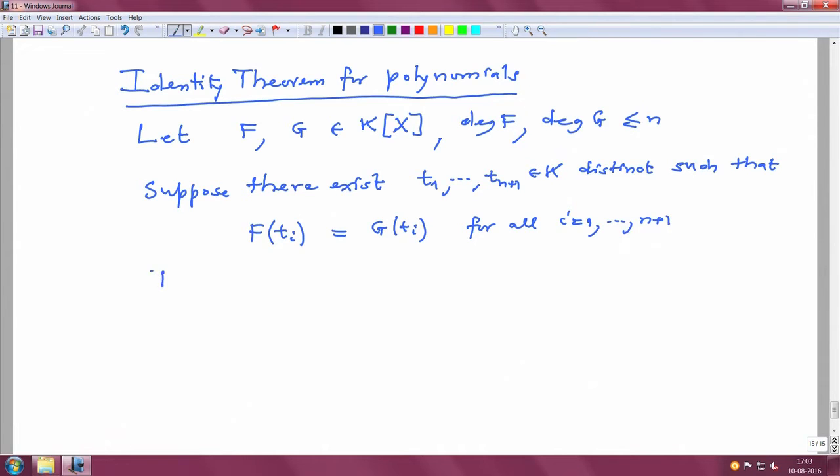Then the polynomials are already equal, that is, f equals g.